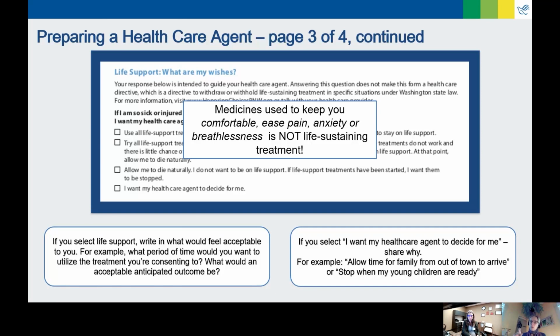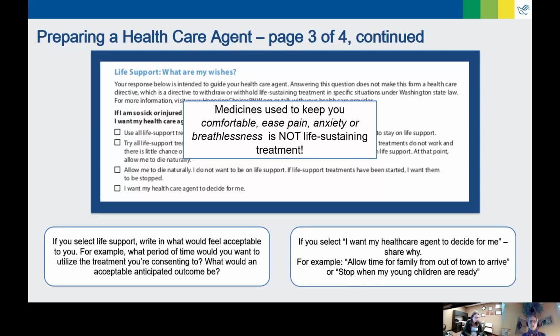So I will say with those two first choices, there's some additional information which is really helpful to give to whoever's making decisions on your behalf, and you'll see it in that little bubble to the left below the box. And that is that if you choose to continue life support, whether long term in that first choice or a temporary use in the second box, it's super helpful to give information for how long.